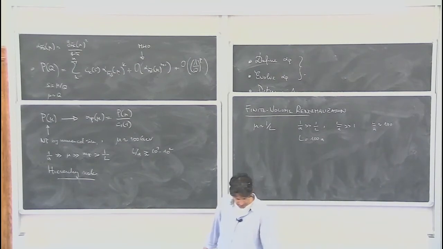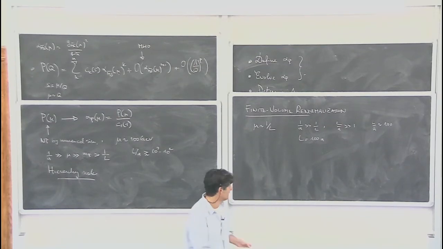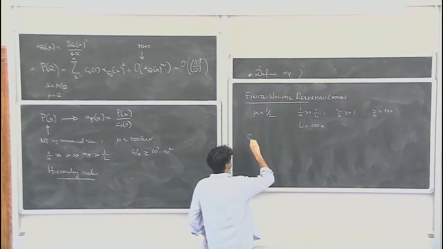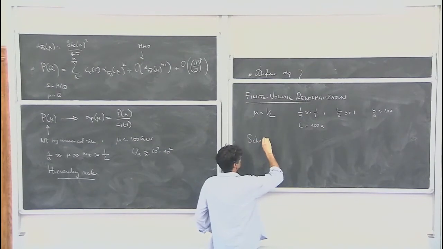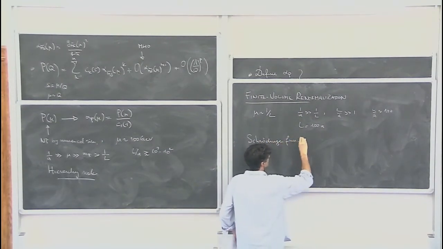You can use twisted boundary conditions, where at the boundary you apply a twist in color space. But what we're going to discuss today is what is called Schrodinger functional boundary conditions.